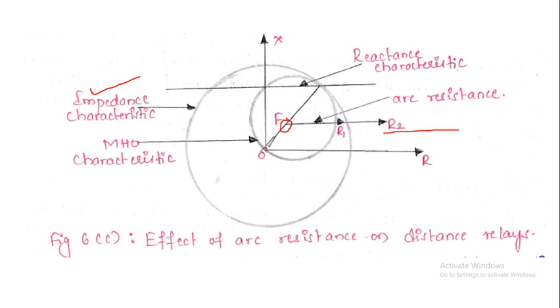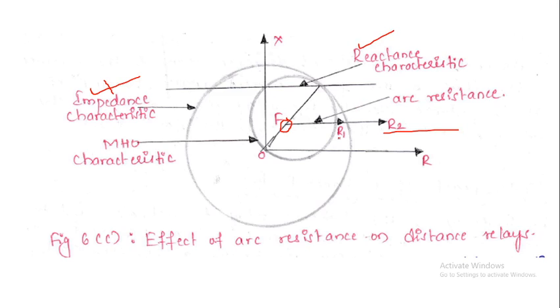For these values, just observe, the Mho relay, no doubt, is not going to operate. What about the impedance relay? The impedance relay is also beyond the protective zone of the impedance characteristic, so it is also not going to operate. But what about the reactance relay? It is below the characteristic range, below the line we have drawn, so the reactance relay is going to operate.